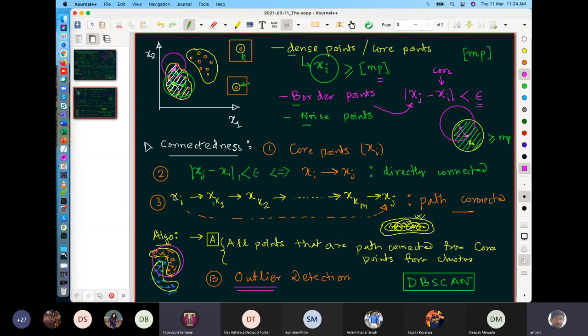No, what we are considering, see, if xi is directly connected with xk1, meaning that xk1 will be less than epsilon radius boundary of xi, right? Then we are seeing whether xk1 is directly connected to xk2. Similar formula holds that this distance will be less than epsilon.